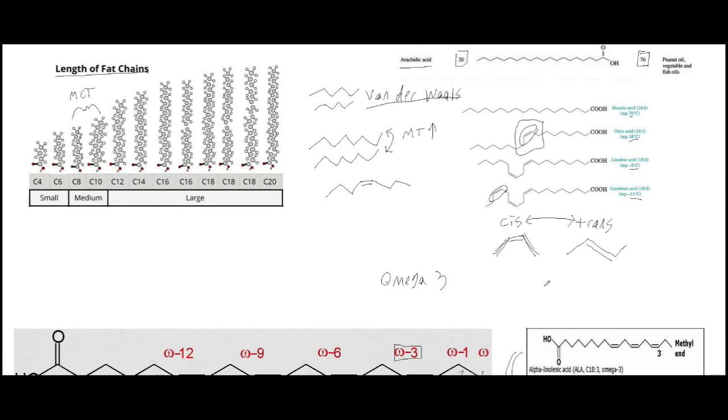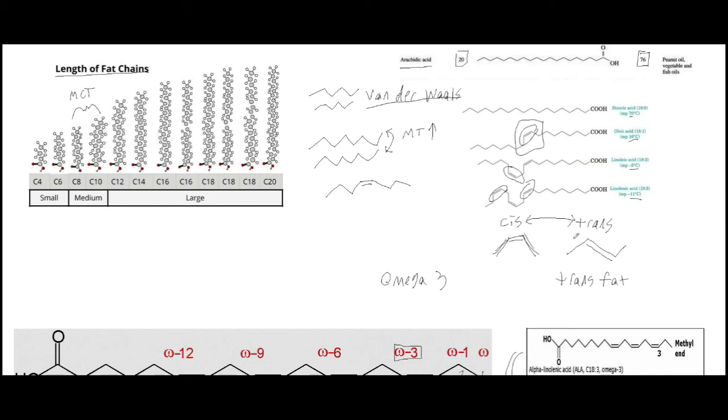And what happens is, over here we show our fatty acids having these cis double bonds everywhere, and those are the kinds of fatty acids that you find in your food. So if you have a fatty acid with a trans double bond, that's how you get a trans fat, which you've probably heard of, and trans fats are considered bad.